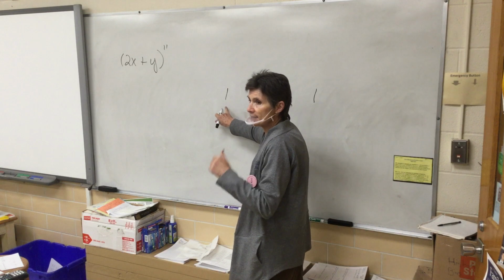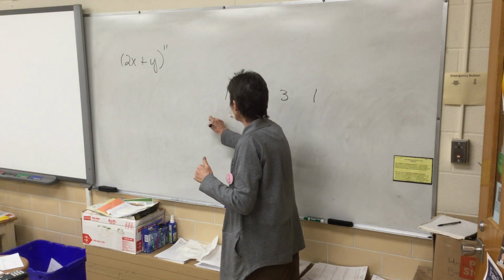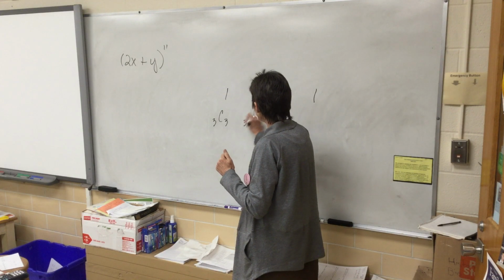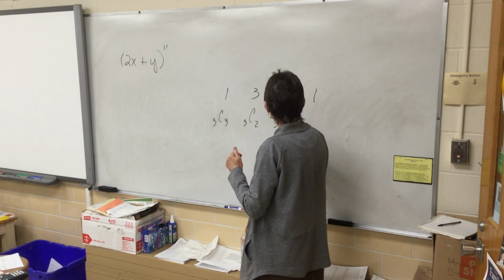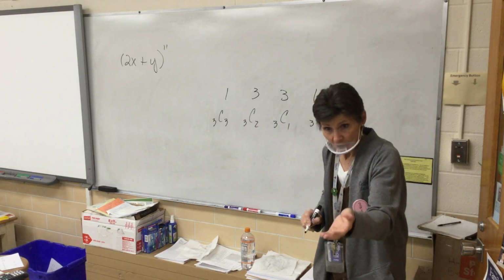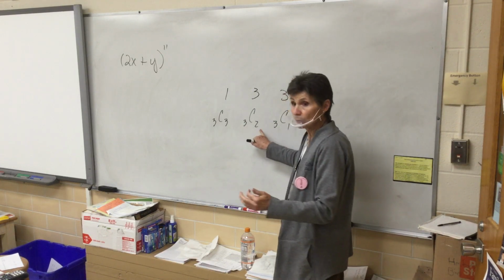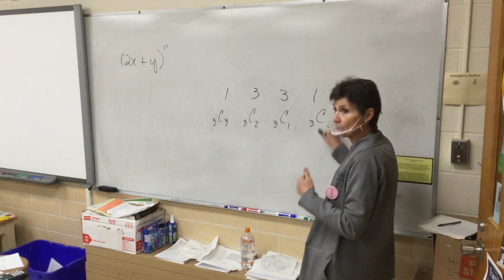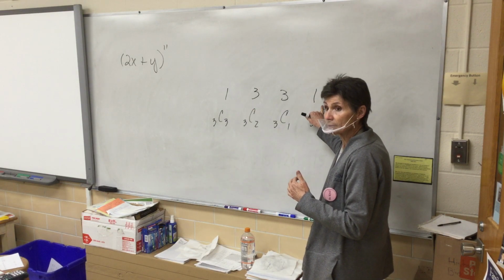This number right here is really 3C3. And this one is 3C2, 3C1, 3C0. So if you typed 3C2 on your calculator, it would say 3. And if you typed in 3C0, it would say 1.